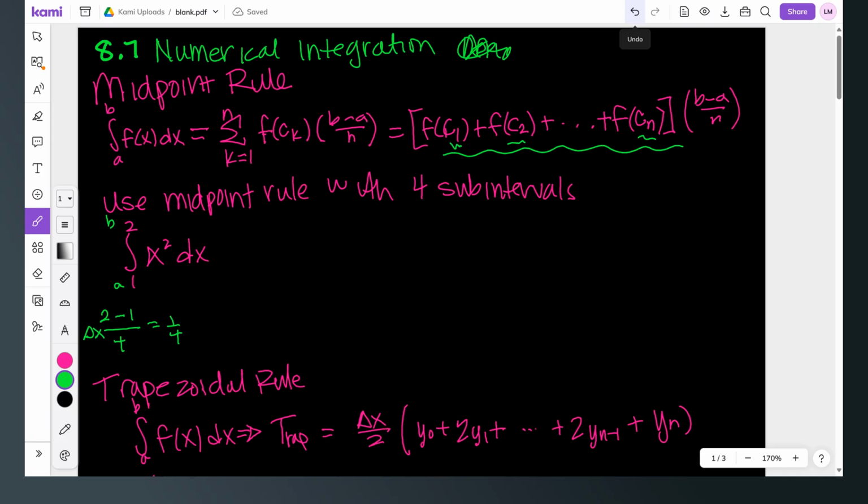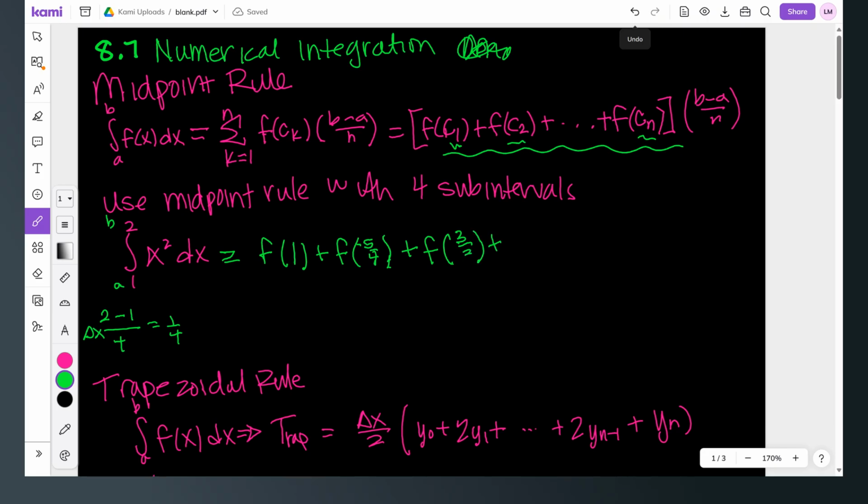And then I'm going to plug in values. So I'll plug in f of 1, starting with the first one. Plus, I'm going to add 1/4, so 1 and 1/4, that would be 5/4. Plus f of 5/4 and 1/4 is 6/4, that's 3/2.